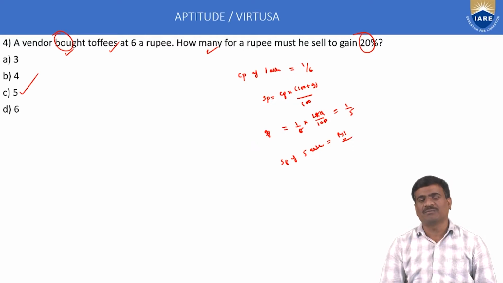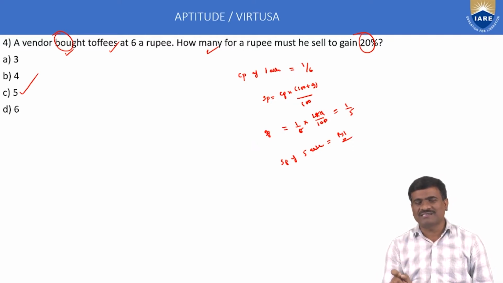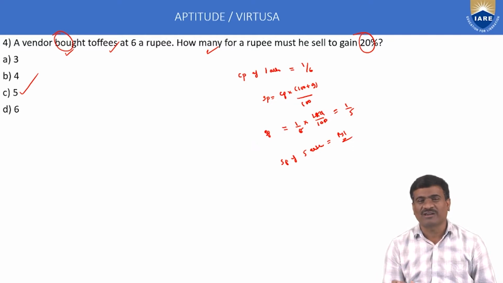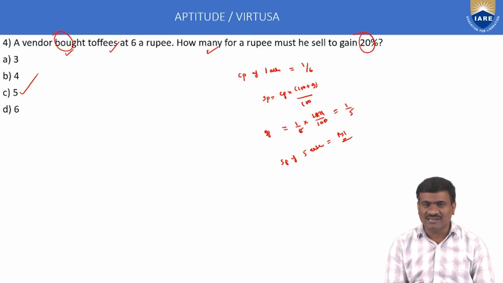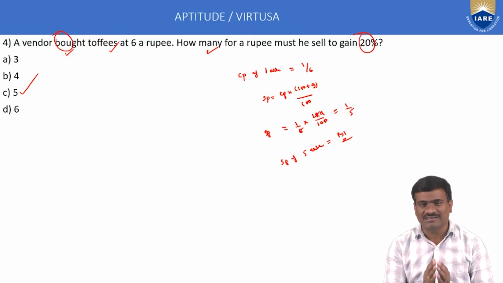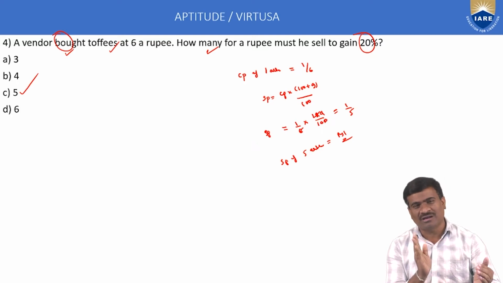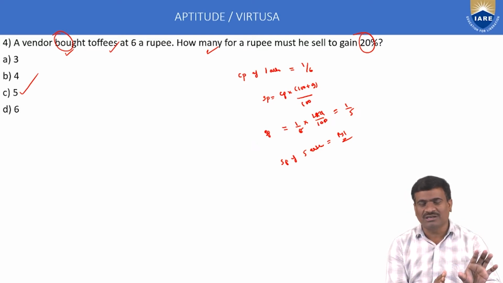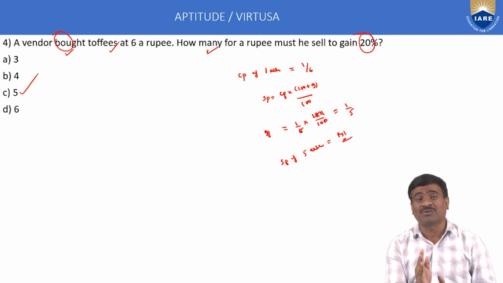Next, to apply the method, selling price is equal to 1 by 5. In 1 by 5, the numerator indicates the amount and the denominator indicates the number of articles. In this example, whether it is cost price or selling price, the numerator is the amount and the denominator is the number of articles.